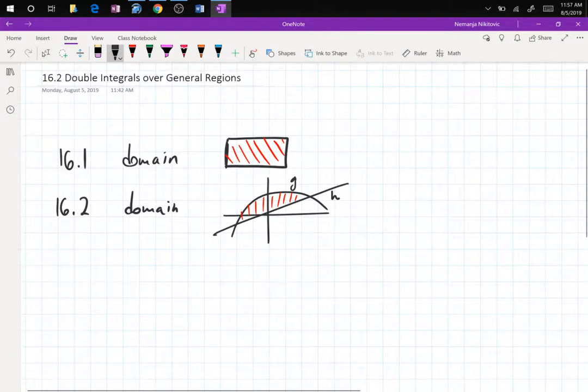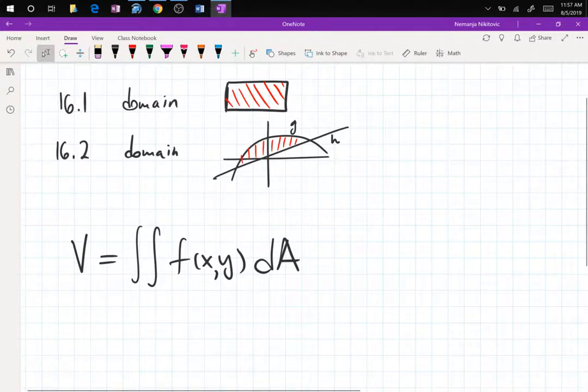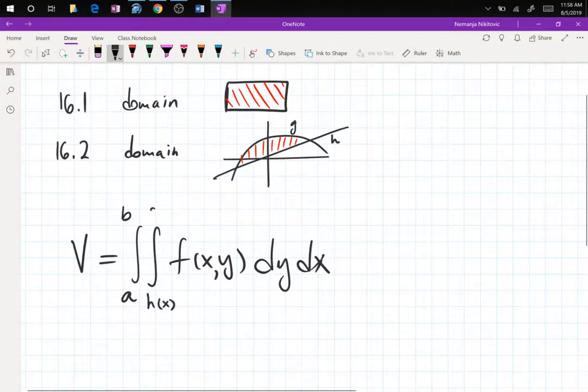In 16.2, our integral now becomes volume equals the double integral of some function f of x, y, dy dx, and what you have here are a and b for the x, but you have some function h of x and g of x in the limits.